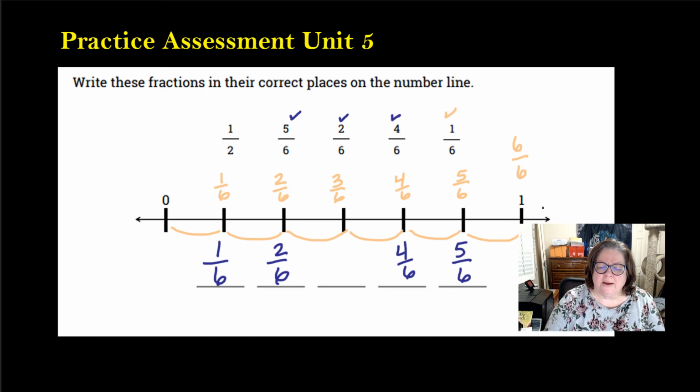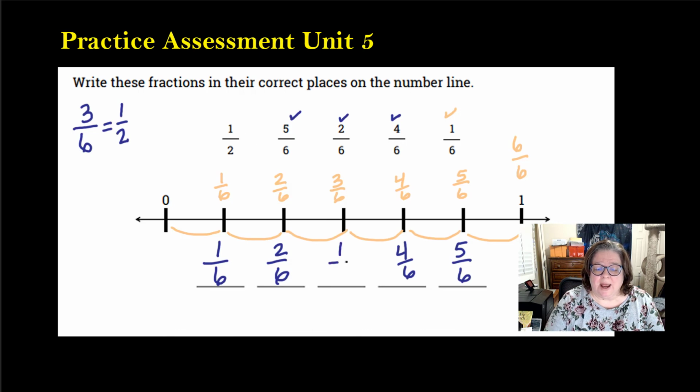We don't have a 1/2 on our number line. But if we think about something, think about this fraction right here, 3/6. 3 is half of 6. 3/6 has the same value as 1/2.